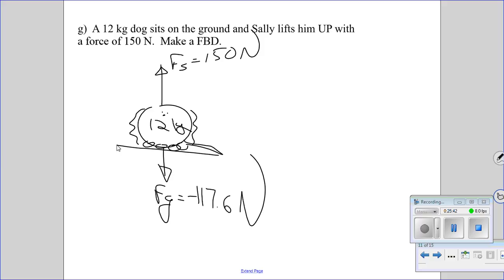No. Remember, you guys, the normal force comes from the surface that the thing is sitting on. But this force is enough to lift the dog off of the ground. So since the dog's no longer touching the ground, there is no normal force, because force of Sally is bigger than the force of gravity, so she lifts the dog off the ground.